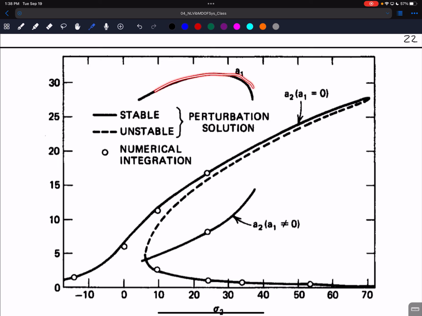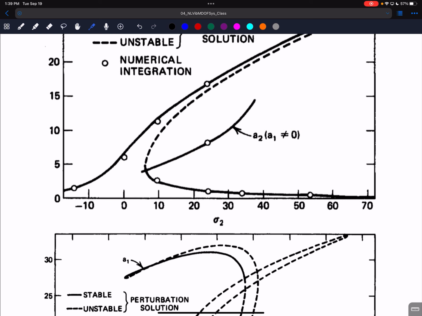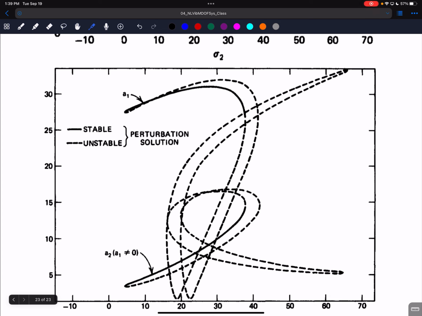For this solution case right here where A1 is not equal to 0, these are the stable solutions, but there end up being a bunch more solutions that are unstable as shown here. And so, you end up with this being our stable response for A2, this here being the stable response for A1, and then all of these other curves are unstable.